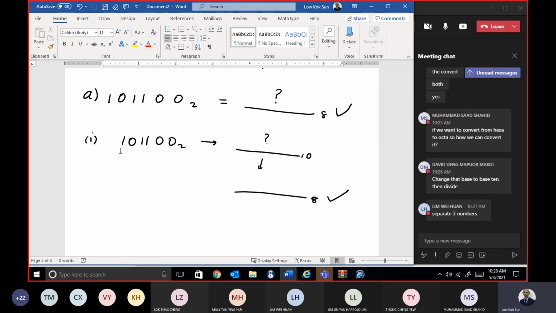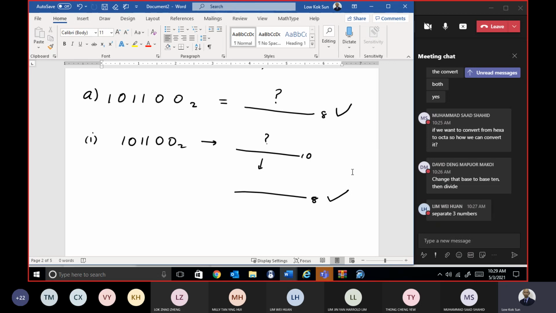First, system 2 you were asked to convert into 8, so you convert system 2 to 10, then from 10 into 8. All this you can do, but of course like Wei Huan said, we can have a shortcut, very easy. You can do it in a few seconds.